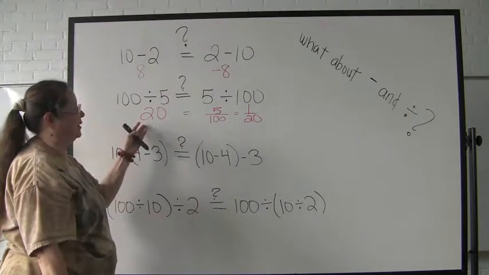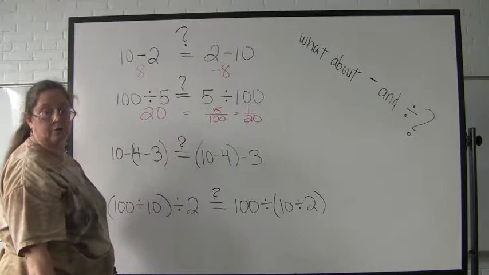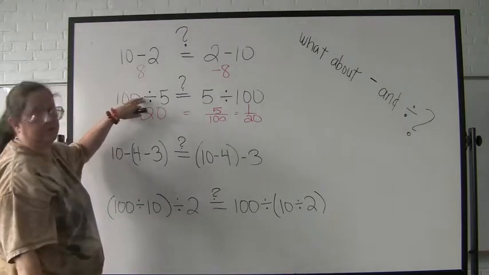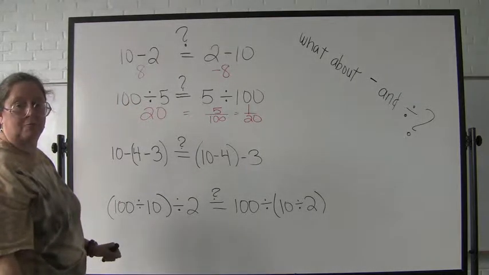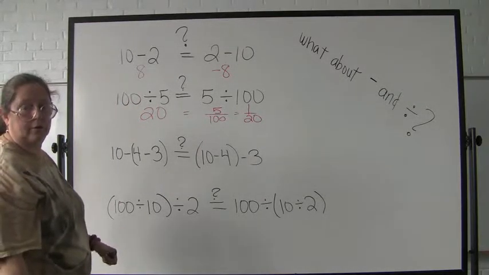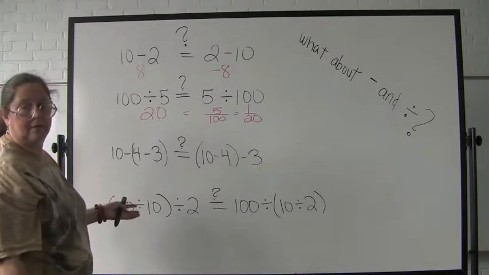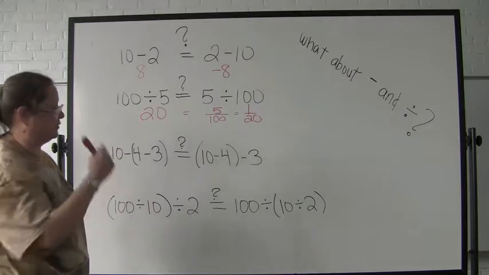And that's not the same. 20 is not the same as 1 over 20. In fact, they're reciprocals. Okay, so it appears that for division, the commutative property also does not work. 10 divided by 5 is not the same thing as 5 divided by 10. And you can try other numbers to convince yourself too.